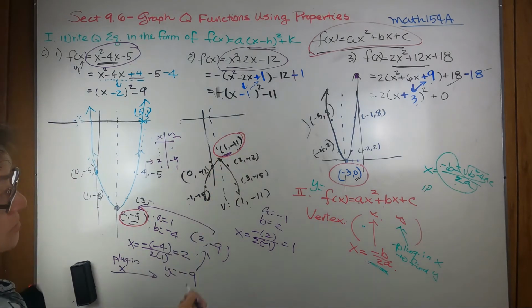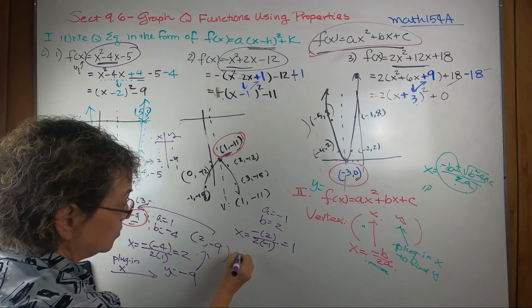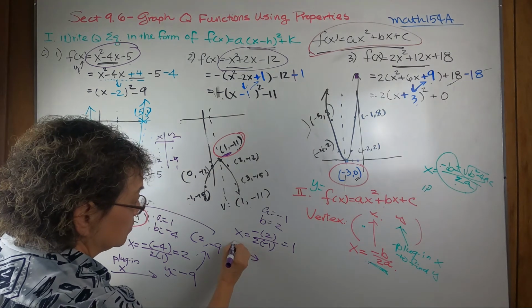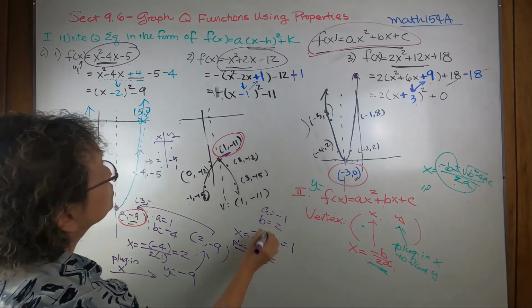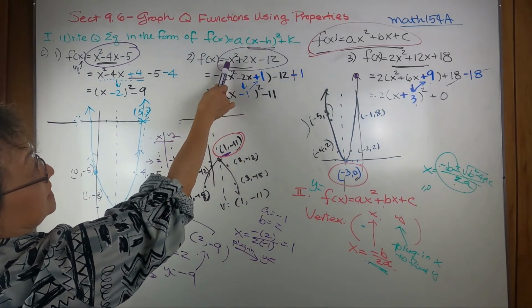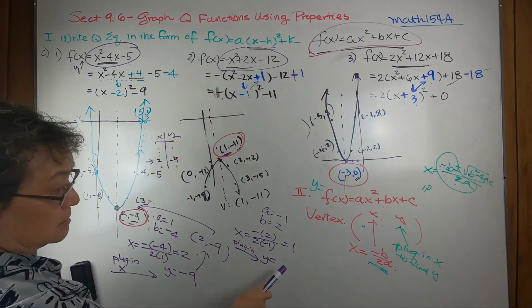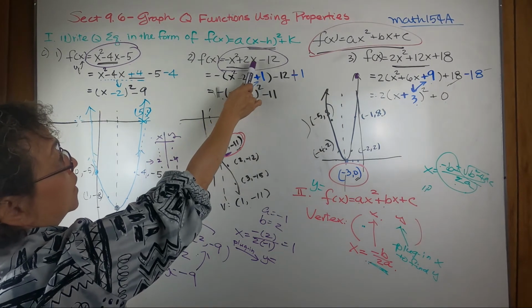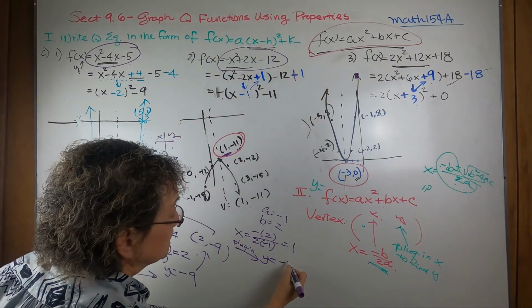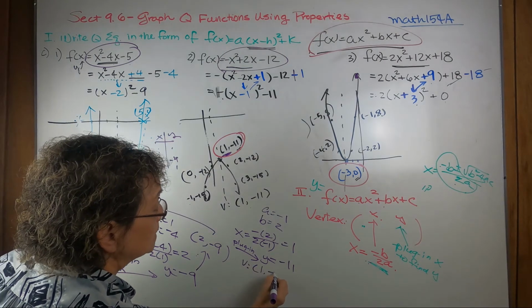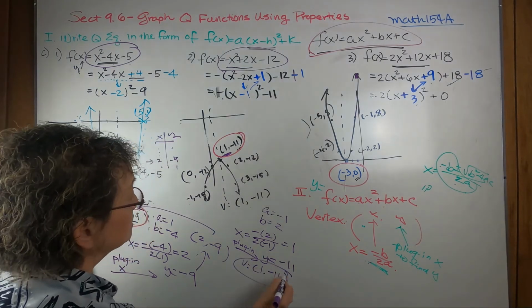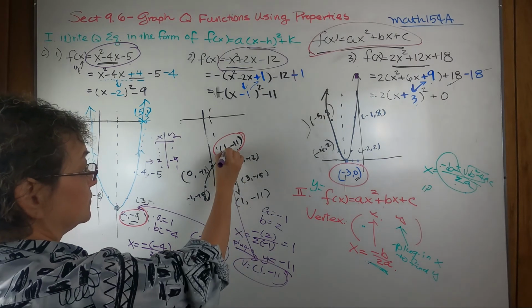Right? So 1. Then what's your y? Plug in. So y equals, plug in here: negative 1 plus 2 would be 1, minus 12 is negative 11. So your vertex would be what? 1 and negative 11. Are they the same?